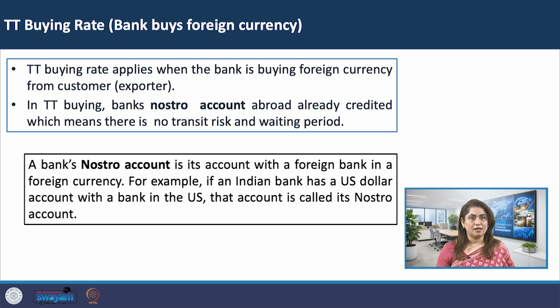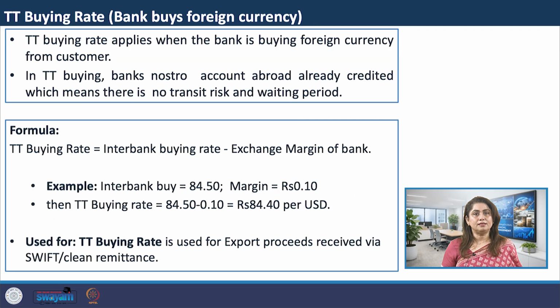It applies when the bank's nostro account abroad has already been credited. Nostro account is an Indian bank's account held in a foreign bank abroad. If the account is already credited, it means the dollars are already there. No transit, no waiting. Now let us look at the TT buying rate formula.